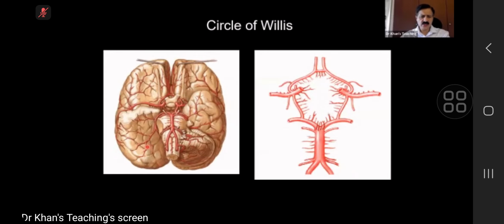Now, this is the left and right vertebral over the brainstem. They join together to form the basilar artery, which divides into PCA and PCA. On the other hand, this is the supraclinoid portion of the internal carotid artery, which has been cut here.